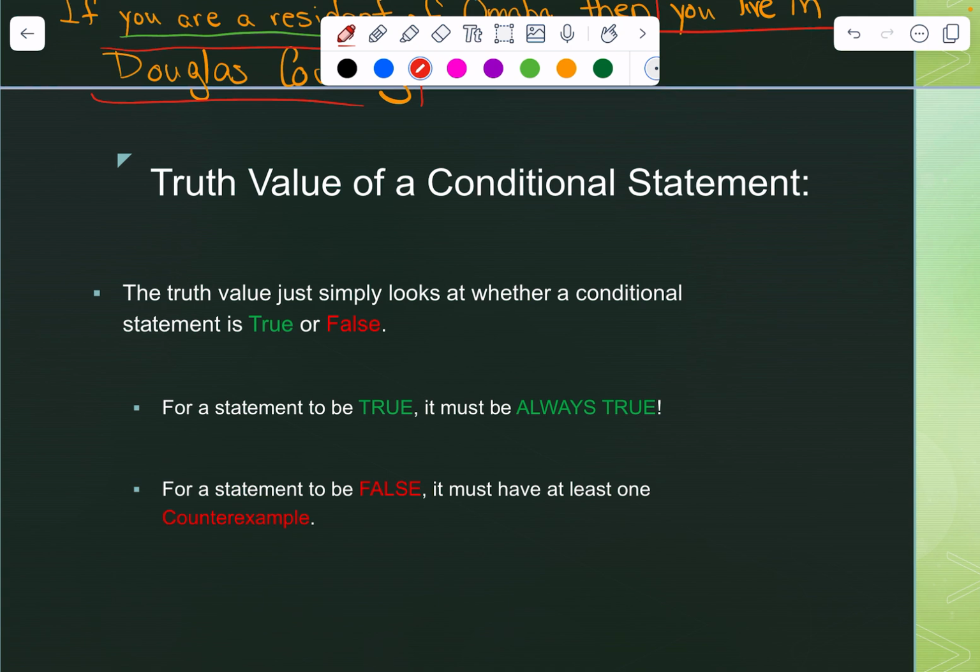For a statement to be true, it must be always true. It cannot have any counterexamples at all. For a statement to be false, it only has to have one counterexample. One example where it would make it false, and that is going to make the entire conditional false.